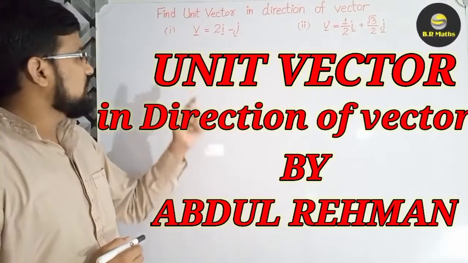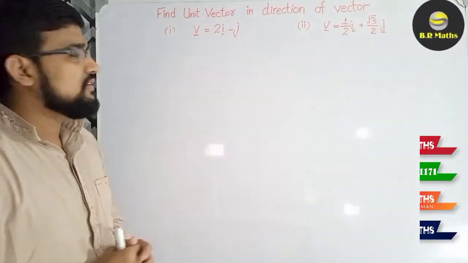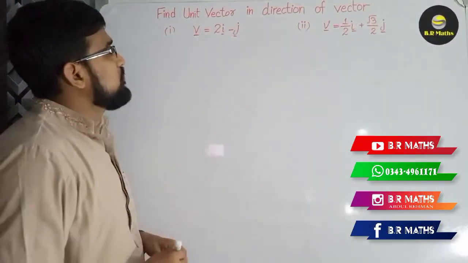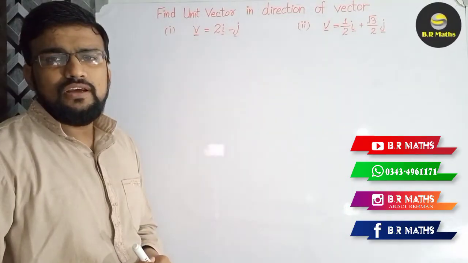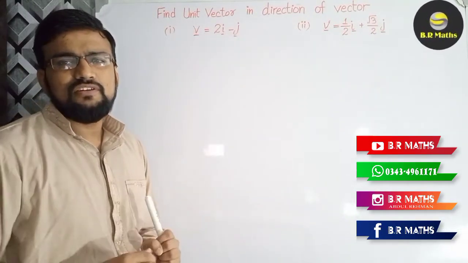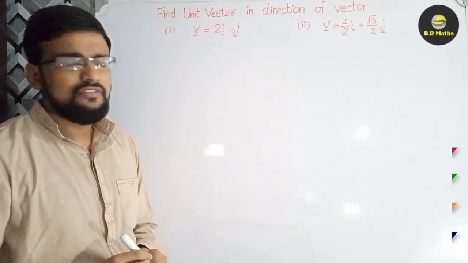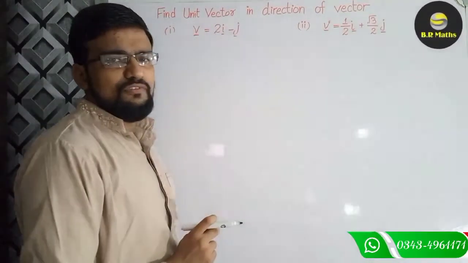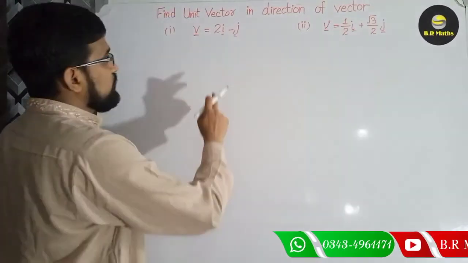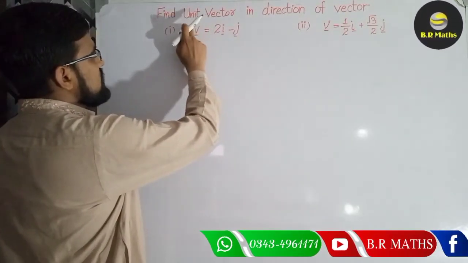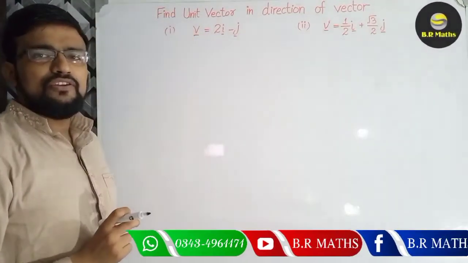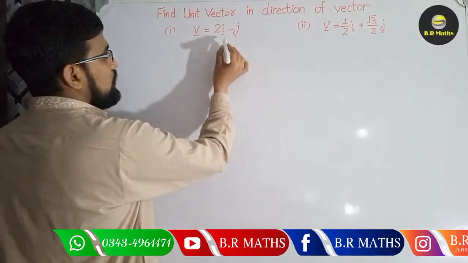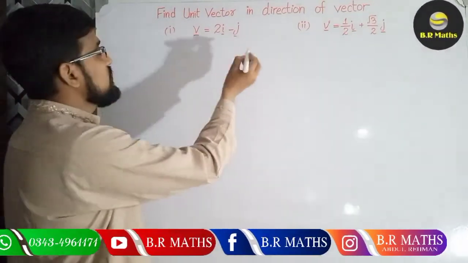So in this lecture we need magnitude, and the link of the previous lecture is given in the description. So find the unit vector in the direction of a vector. The formula for the unit vector is vector divided by magnitude. So firstly we need the magnitude.